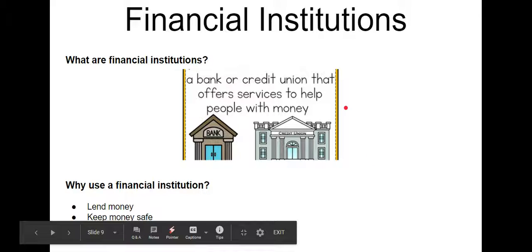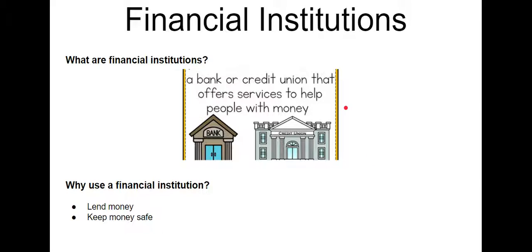All right, last thing, financial institutions. That's really just a fancy word for banks and credit unions. This is like Wells Fargo, Bank of America, places like that where people keep their money. The reason people do that is financial institutions sometimes lend you money.